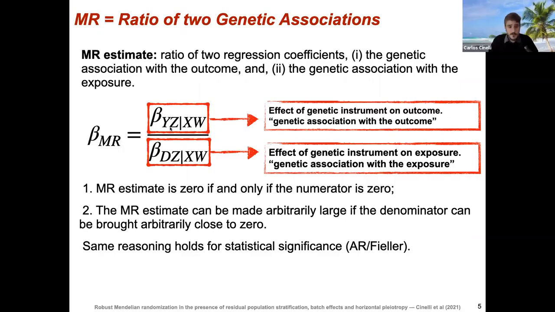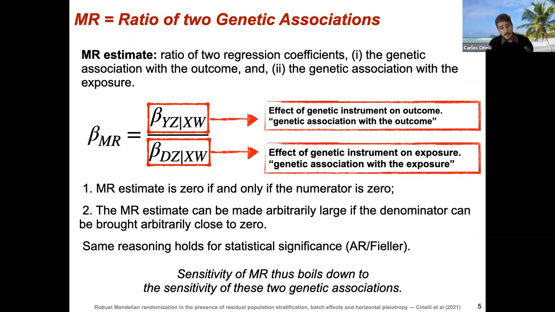But this also holds for statistical significance with the Anderson-Rubin and Fieller approach. So you're only going to reject the null hypothesis that the MR estimate is equal to zero if you reject the null hypothesis that the genetic association with the outcome is equal to zero. And you're only going to have unbounded confidence intervals if you do not reject the null hypothesis that the genetic association with the exposure is zero.